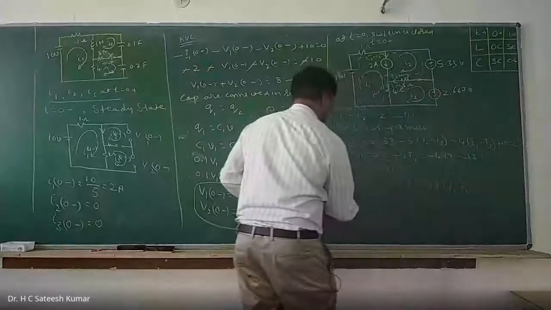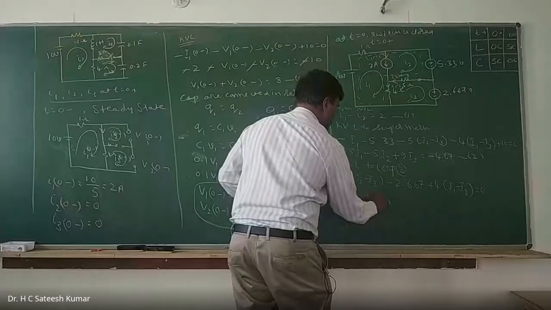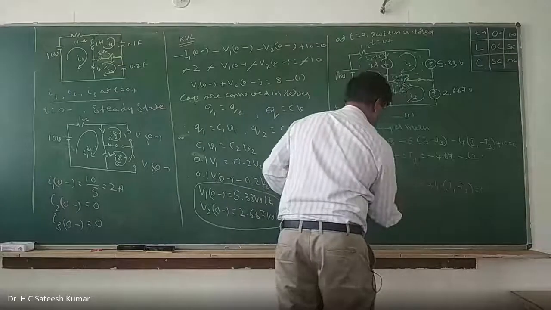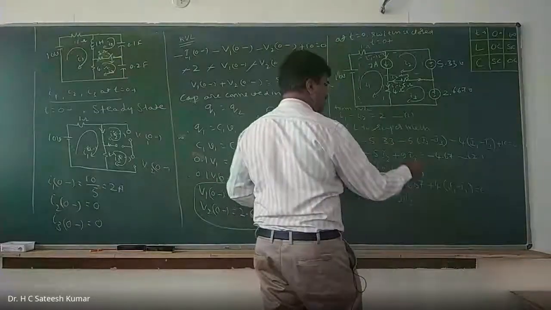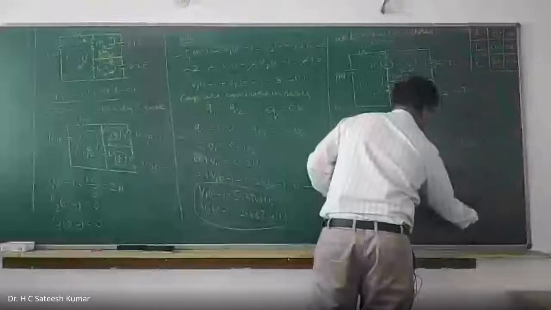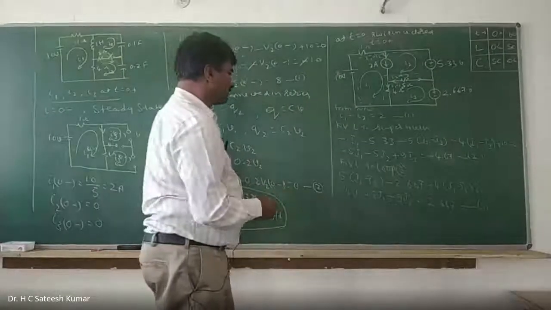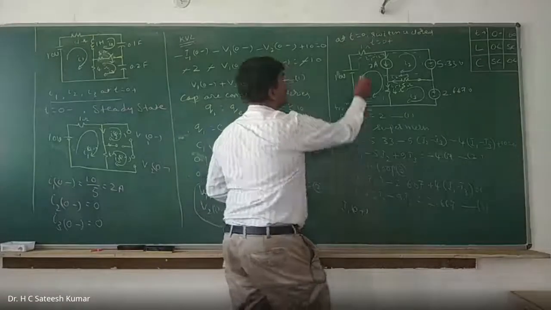So we get 4I1 plus 5I2 minus 5I3 minus 4I3, that is minus 9I3, is equal to 2.667 after transferring to the right hand side. Call this equation number 3. Solve these and you will get I1 at 0 plus.